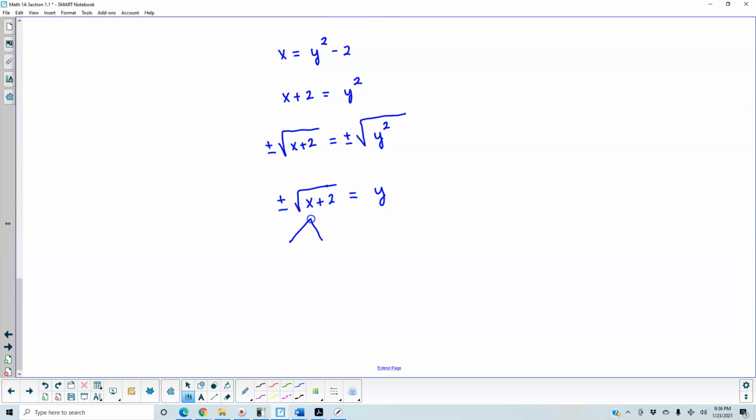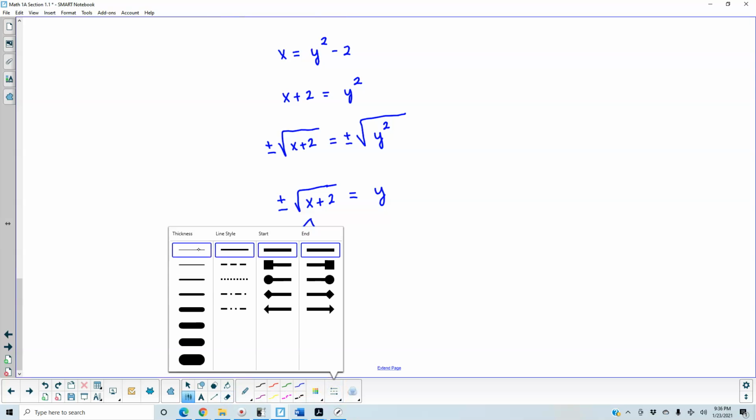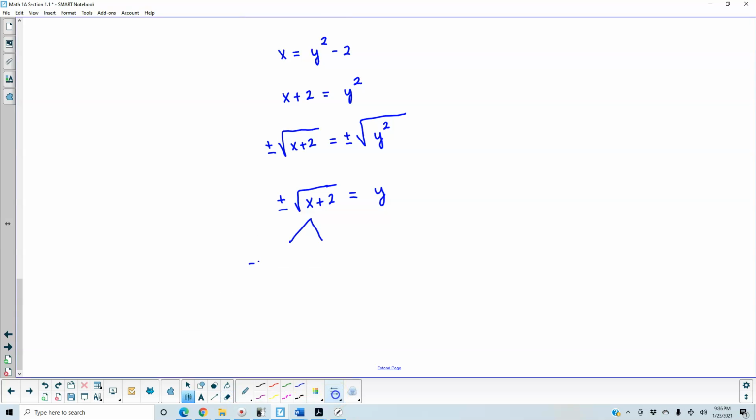Okay, so we know that this gives us two solutions. The two solutions are positive and negative square root of x plus 2. So we have a negative square root of x plus 2, and then we have a positive square root of x plus 2. So that means this is equal to y, and this is equal to y.